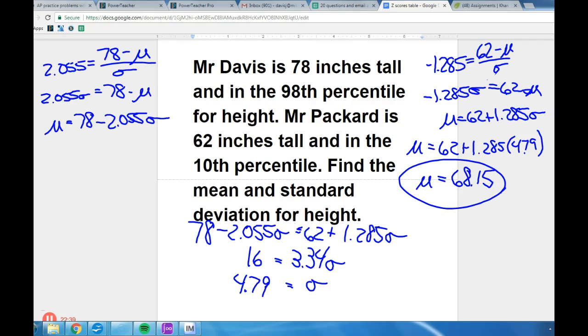And you can plug it back into this one; you should get the same thing. That's tough. I've only seen that on one AP test, and it was multiple choice, so you can look at your options, and it helps you narrow down things. So that was pretty tough. I'll give Lauren and Heath extra credit.